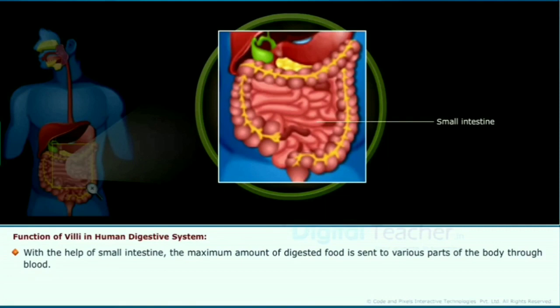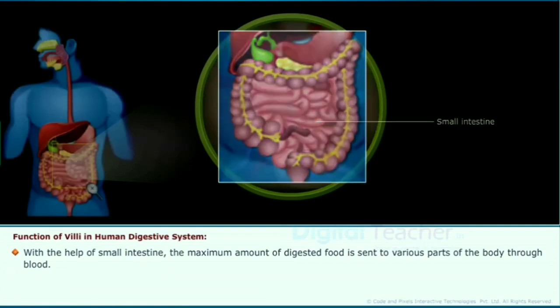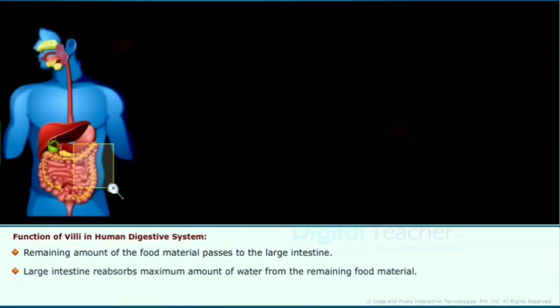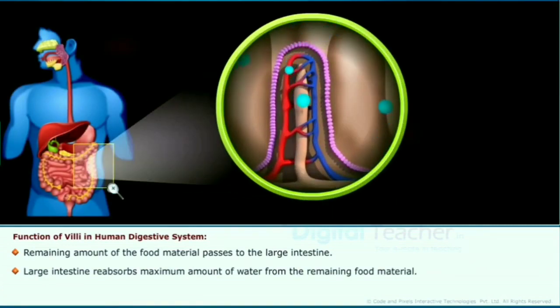With the help of small intestine, the maximum amount of digested food is sent to various parts of the body through blood. Remaining amount of the food material passes to the large intestine. Large intestine reabsorbs maximum amount of water from the remaining food material.